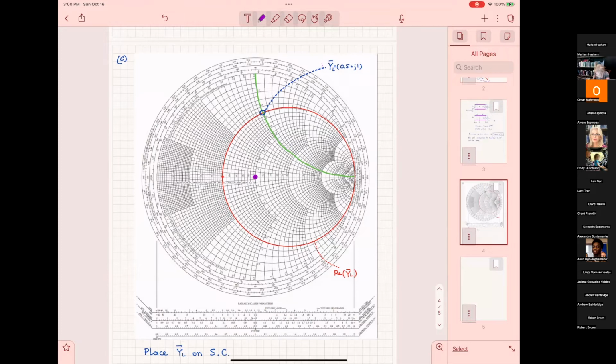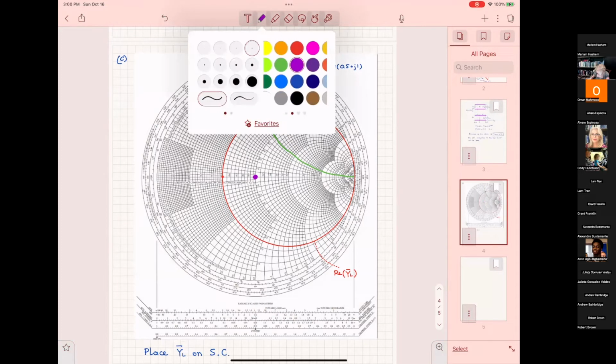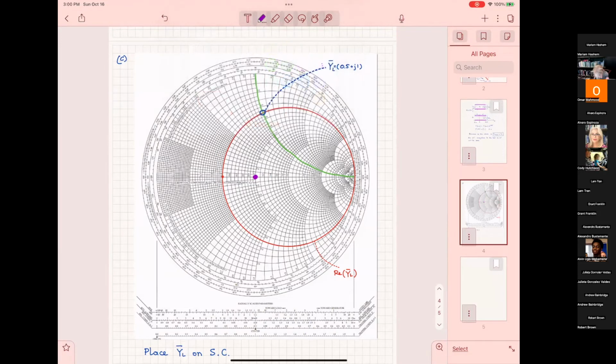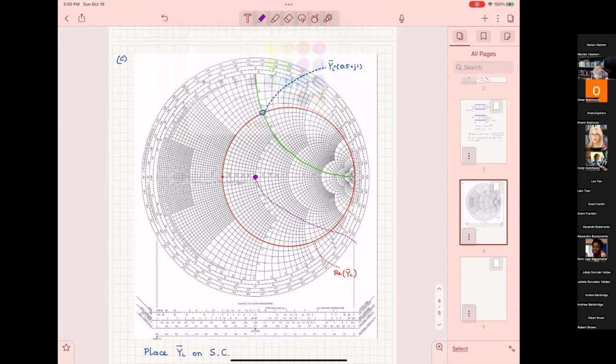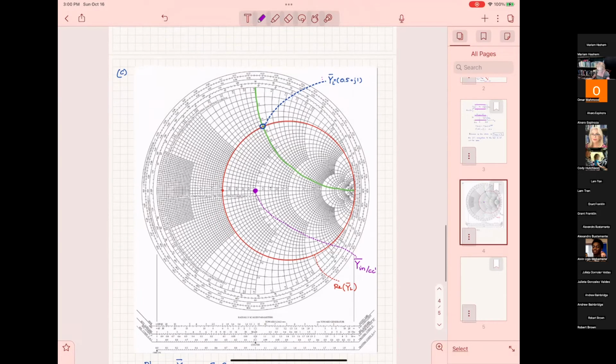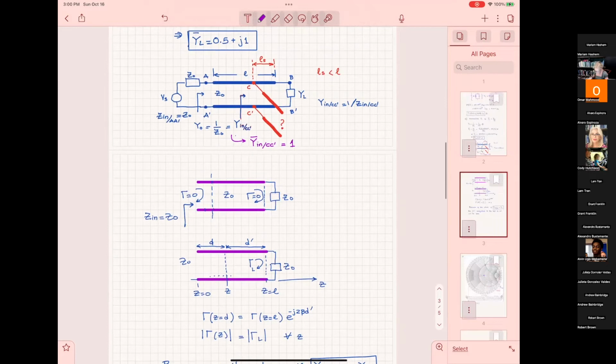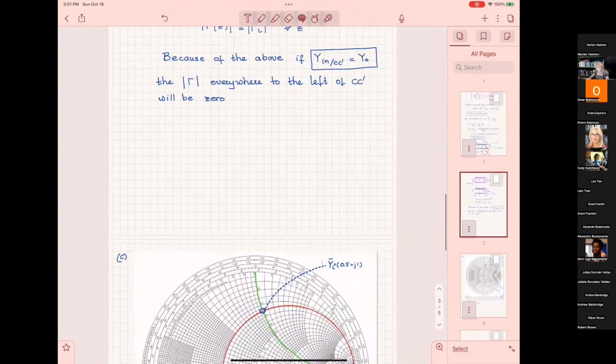I want to make sure that this is the place where I'm going to end up after I put the stub. Okay, I want to end up here after I put the stub. So that's going to be my Y input at C prime normalized according to before, according to this. So I want to be at the center of the Smith chart.